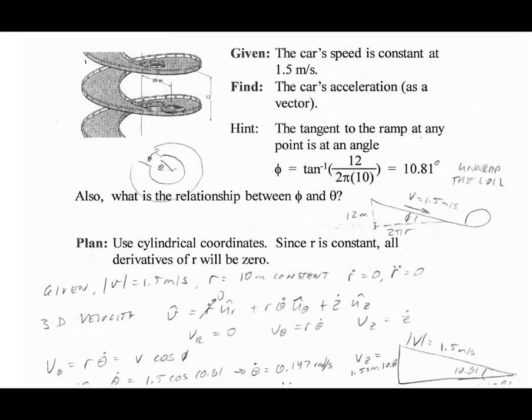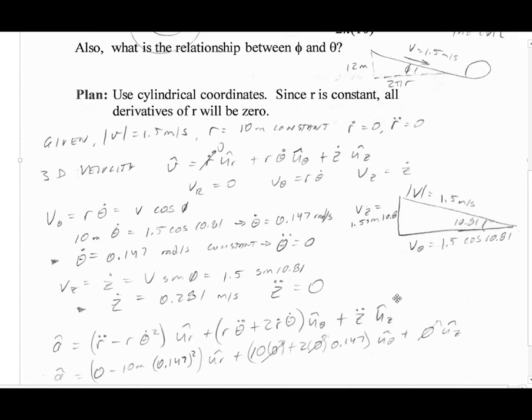So it comes down 12 meters in 2 pi r, or in this case the radius is 10 meters, so that's 20 pi. And we get the inverse tangent of 12 divided by 20 pi, which is what we are seeing up here. So this is just telling us that angle phi, and that will be necessary here as we move down.